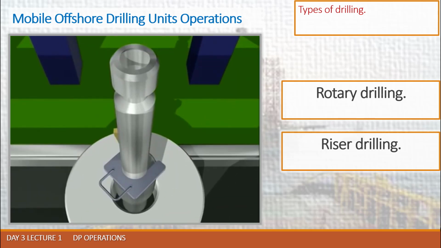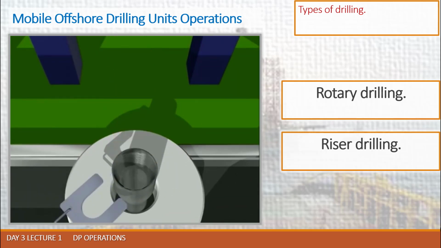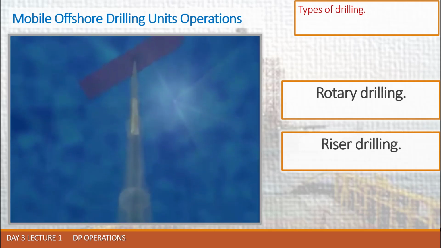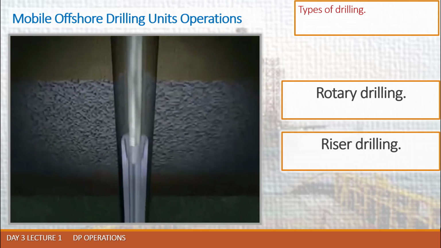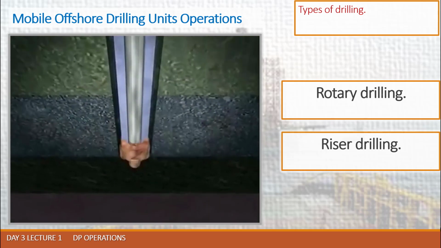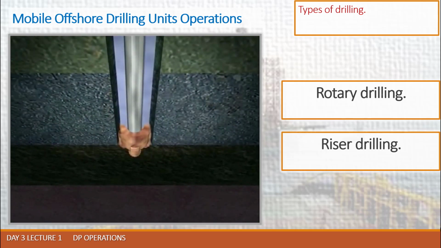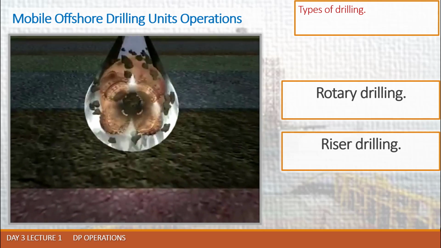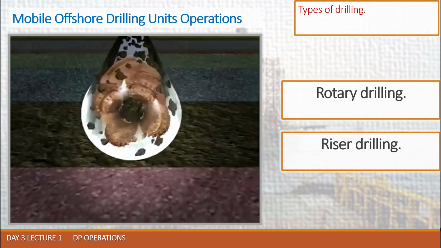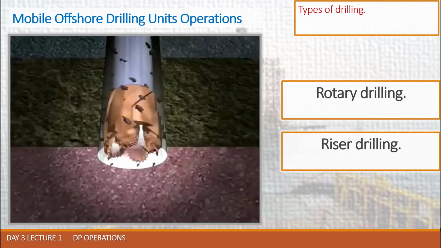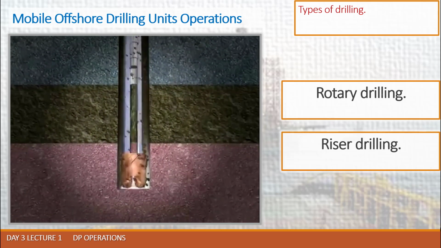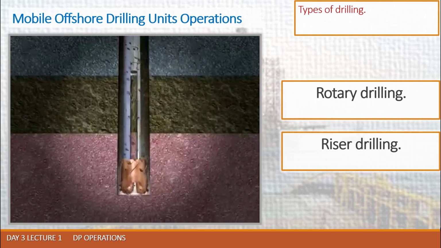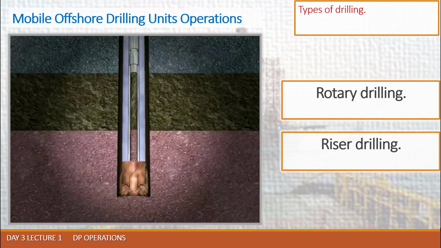The core barrel runs down through the drill pipe without a wire. Samples are taken while drilling. The core barrel fills up with rock.